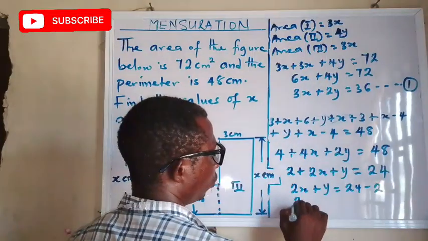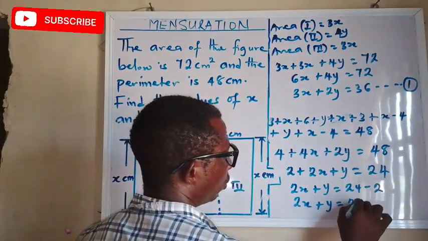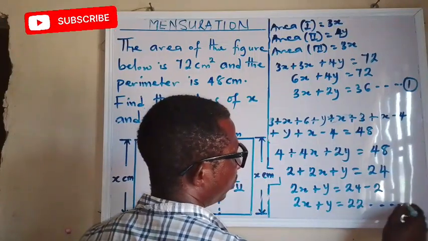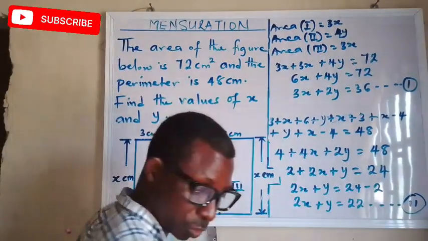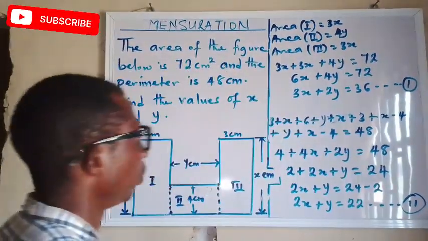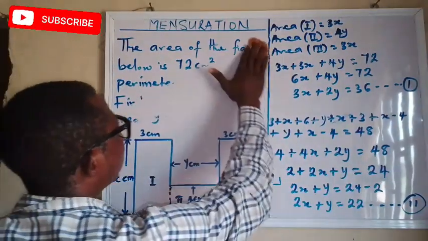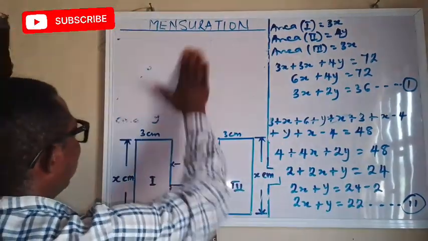Okay, so we have 2x plus y equals 22. So this is going to be equation 2. All right, so we now have two equations. So we'll solve the two equations simultaneously.